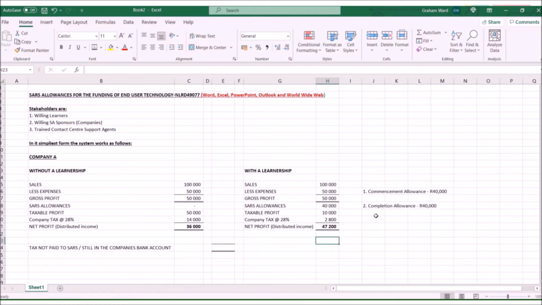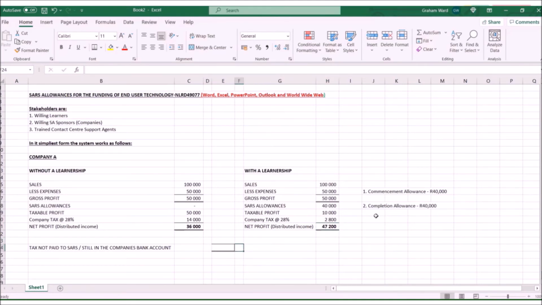So what you can see here is that by embarking on a learnership and having a registered learnership with SARS, and that's the key, it must be registered, and the training provider, such as Award Training, will do such a thing. In the first case, they have a distributable income of 36,000. In the case where they've got a learnership, they've got a distributable income of 47,200.